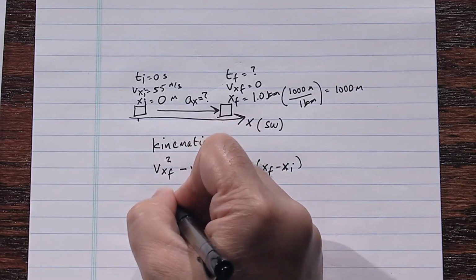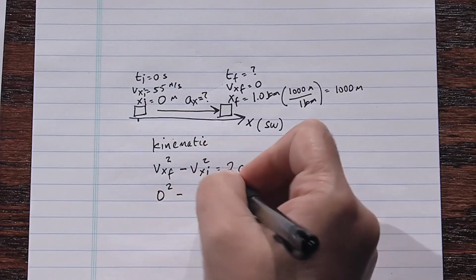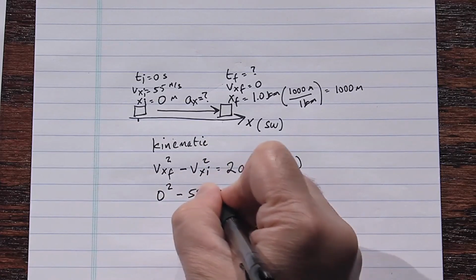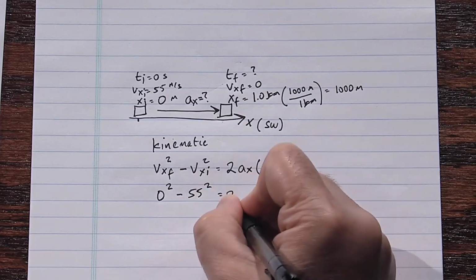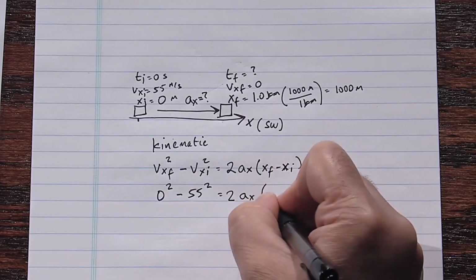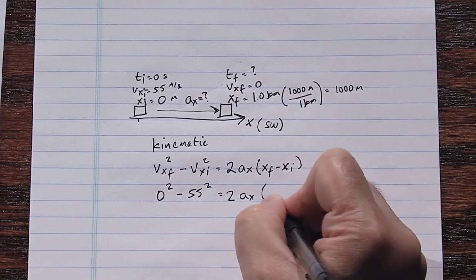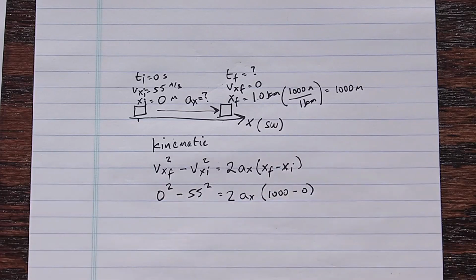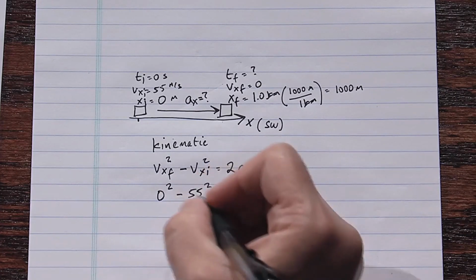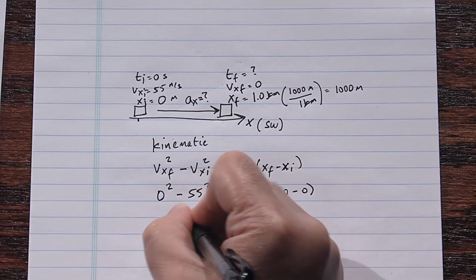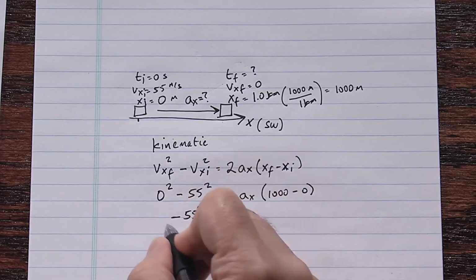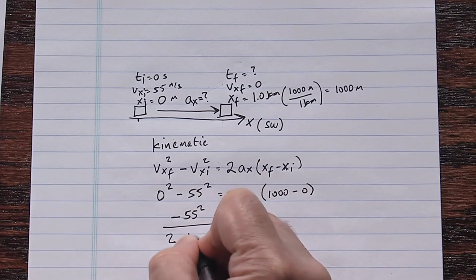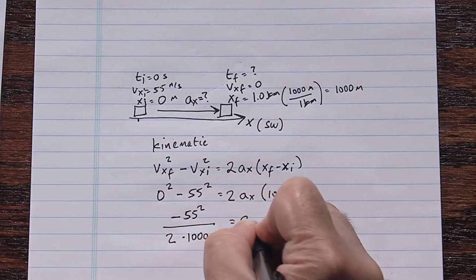Vx final is 0 squared minus Vx initial, 55 squared, is equal to 2ax times x final. X final is 1,000 meters minus 0. We can solve that for ax by dividing both sides by 2 and dividing both sides by 1,000. And we have minus 55 squared divided by 2 times 1,000 is equal to ax.